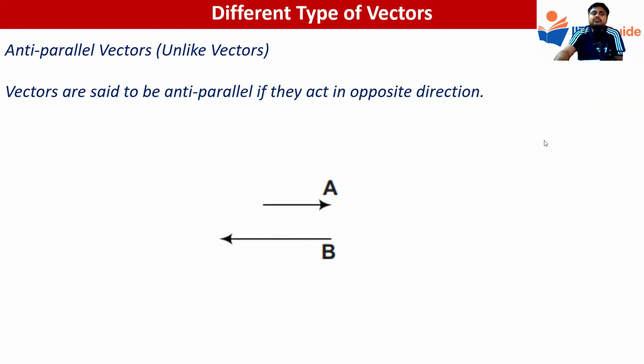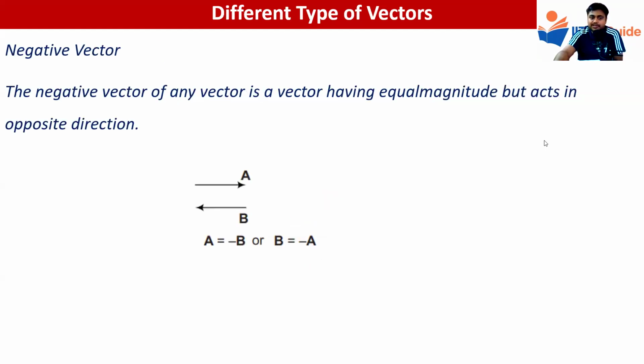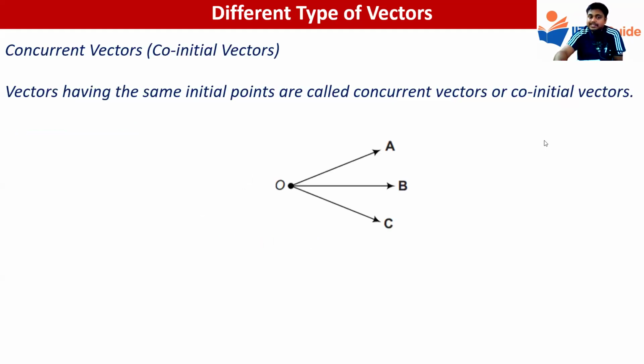And magnitude can be anything. Negative vector: magnitude has to be 100% equal, but the direction has to be opposite. Concurrent: the tails should match, or in one sense, all of them should meet at a point.